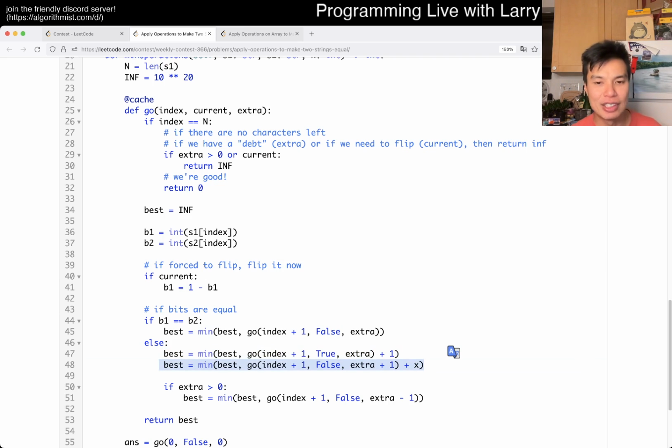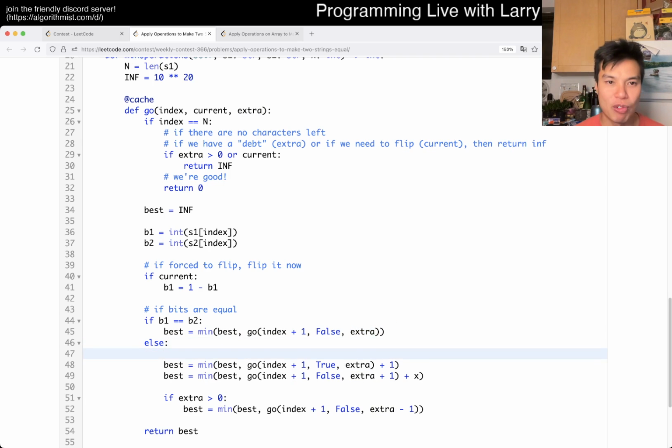But in that case, you're paying 1 plus x when you can just swap index plus 1 and the future one that you're going to use it on or something like this. So I think in that sense, it doesn't make sense. So in that case, if the bits are equal, then there's no carry bits, and you just keep the bank account, as I would say it, the same.